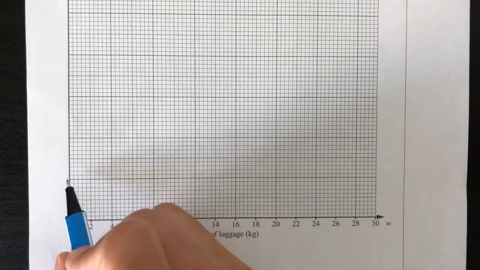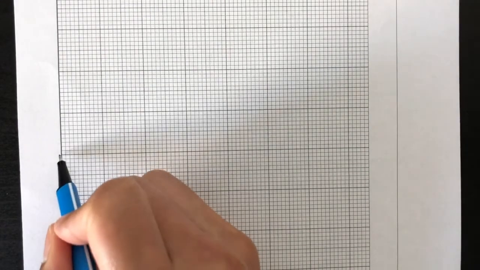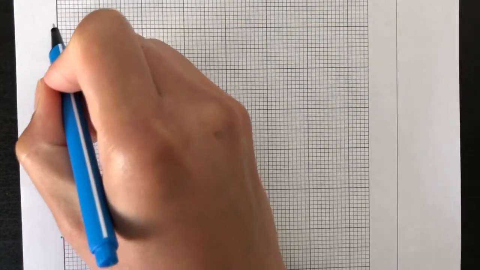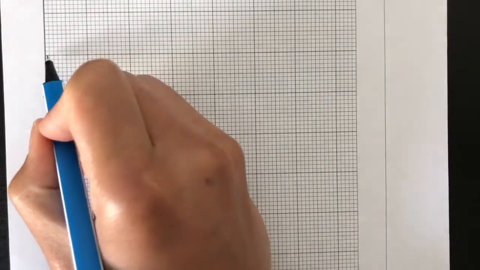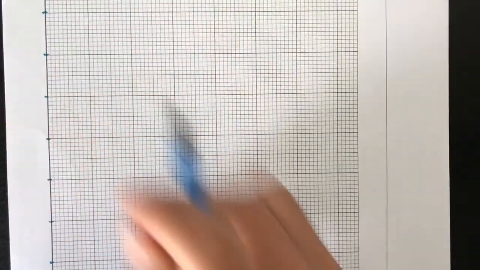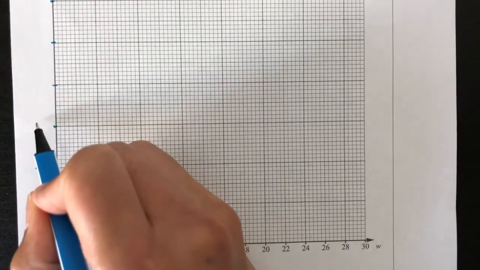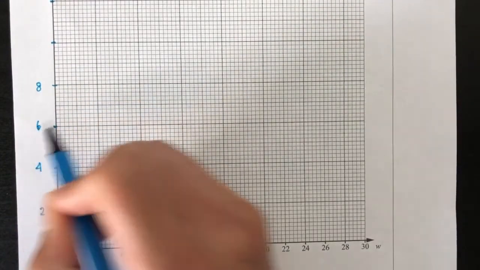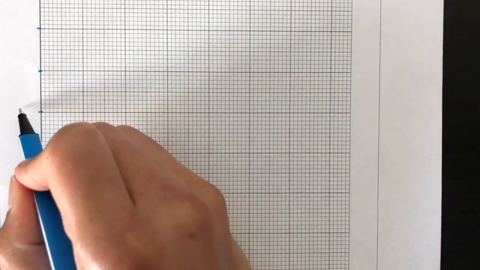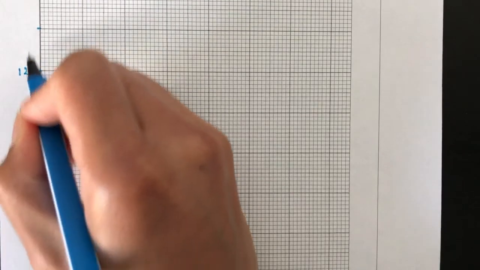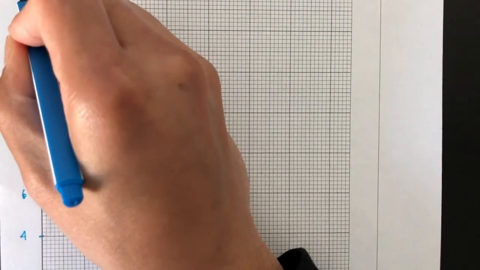So going back to here, you have 1, 2, 3, 4, 5, 6, 7, 8, 9, 10. So we can label this as 2, 4, 6, 8, 10, 12, 14, 16, 18, and 20.